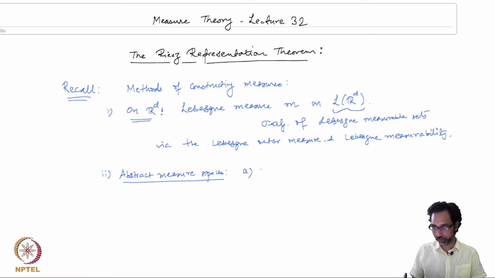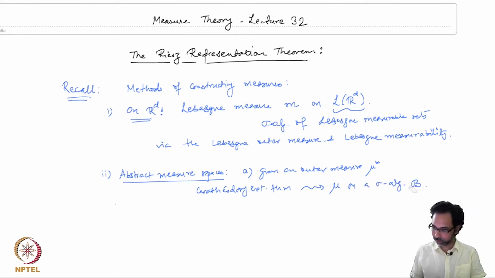The first one was, given an outer measure mu star, the Carathéodory extension theorem gives you a measure mu on a sigma algebra, which I denote C mu star of X, the sigma algebra of Carathéodory measurable sets.